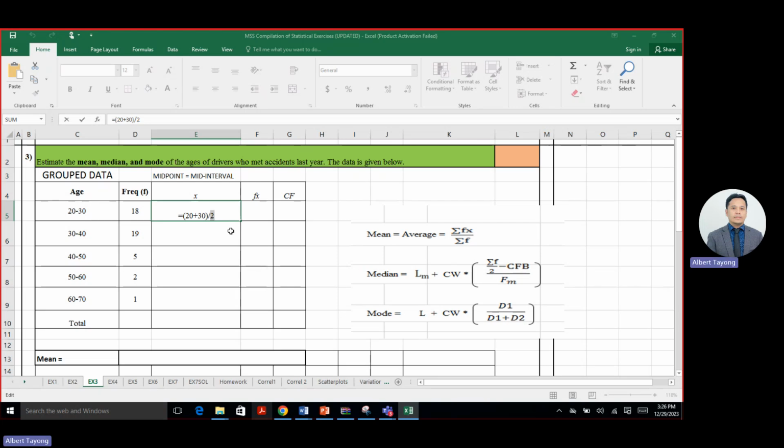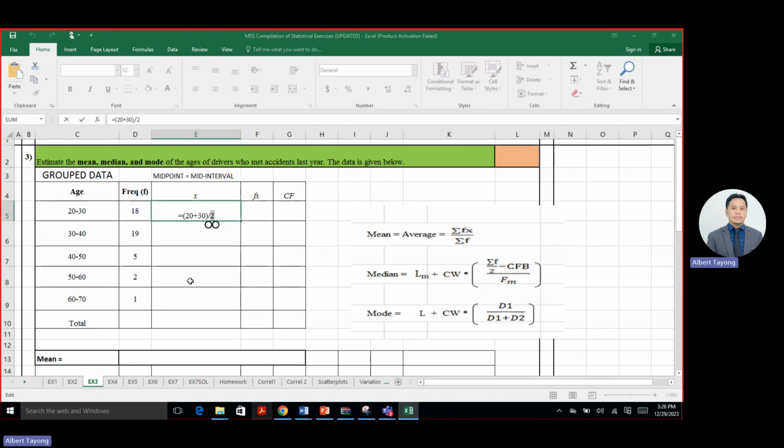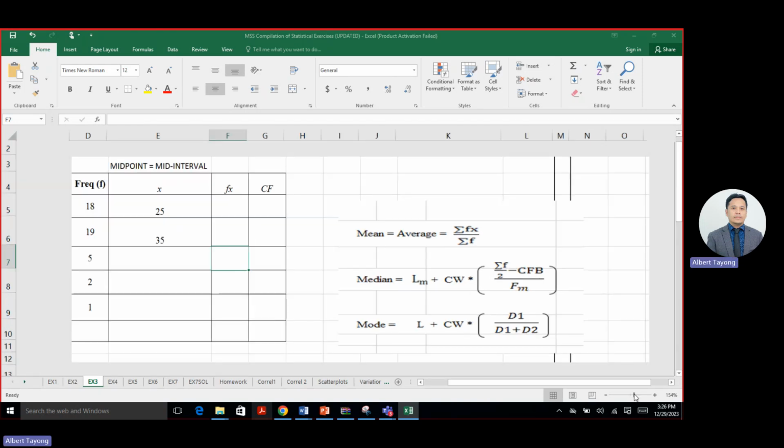Now, if you forget to put the open and close parentheses, of course, it's going to give you a wrong answer. FX will be affected, and all your answers below will be affected. So you have to be very careful with this. Second one is 30 plus 40, close, over 2. So that is 35. Let me just make this bigger.